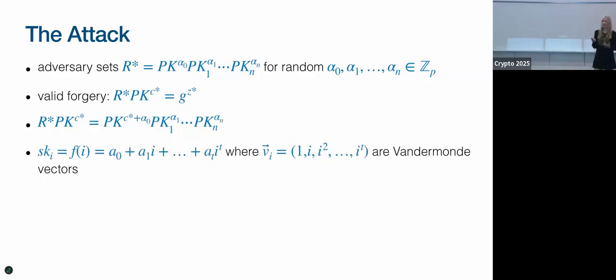We'll also recall that the structure of the secret keys is such that they are evaluations of a polynomial. So here we have a polynomial f and coefficients a0 through at. You can think of this as a dot product of the coefficients with these Vandermonde vectors. These are special vectors that have the form 1, i, i squared, et cetera, up to i to the t. Again, the i's are the participant identifiers.